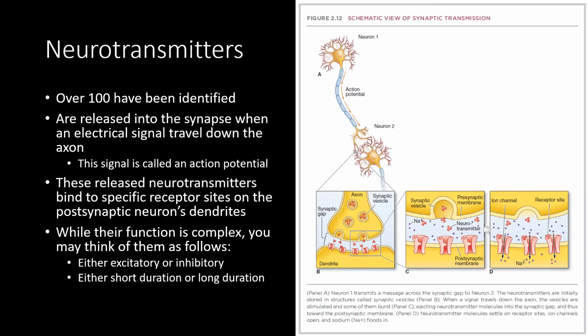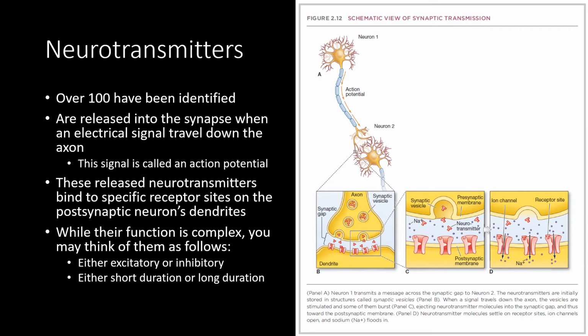When a signal travels down the axon, which is called an action potential, the neuron will release some of these neurotransmitters. One of these little vesicles containing the neurotransmitters will migrate down to the very bottom, and once they make contact with the cell membrane, they will open up a little hole and dump out the neurotransmitters into the synaptic space.